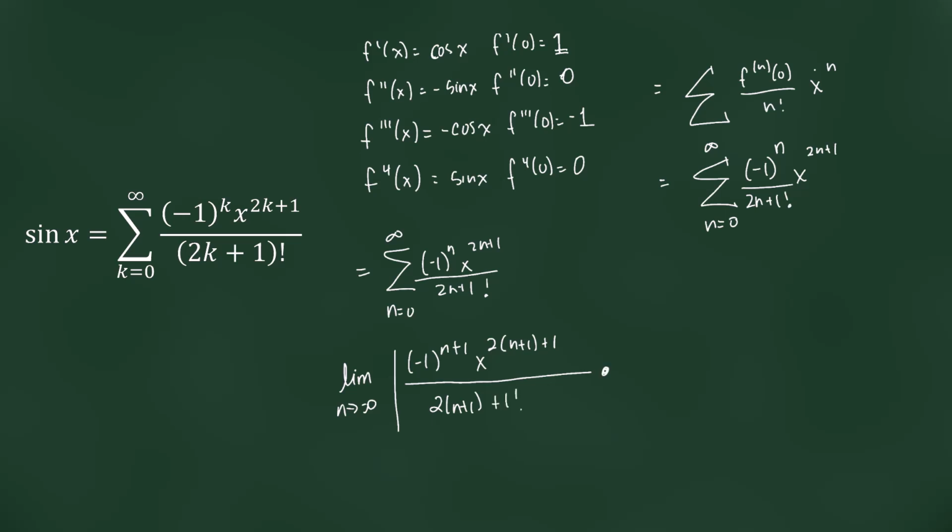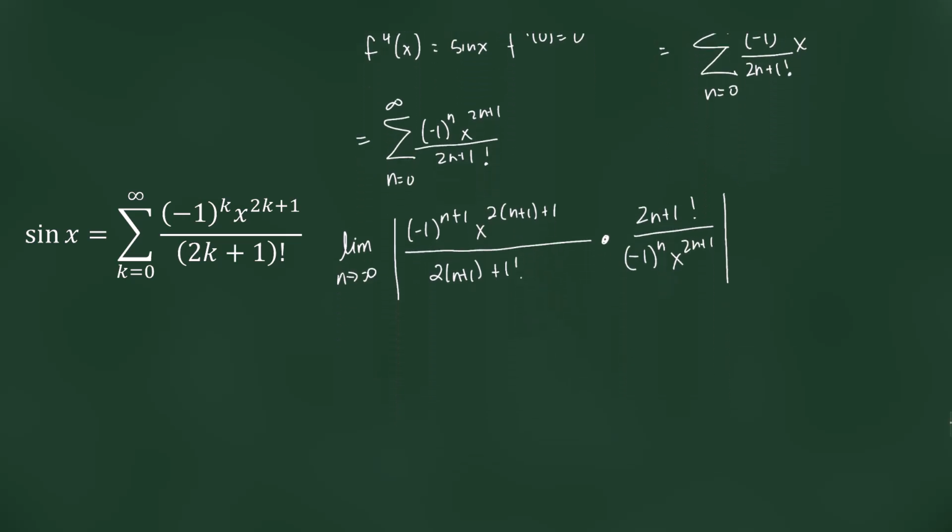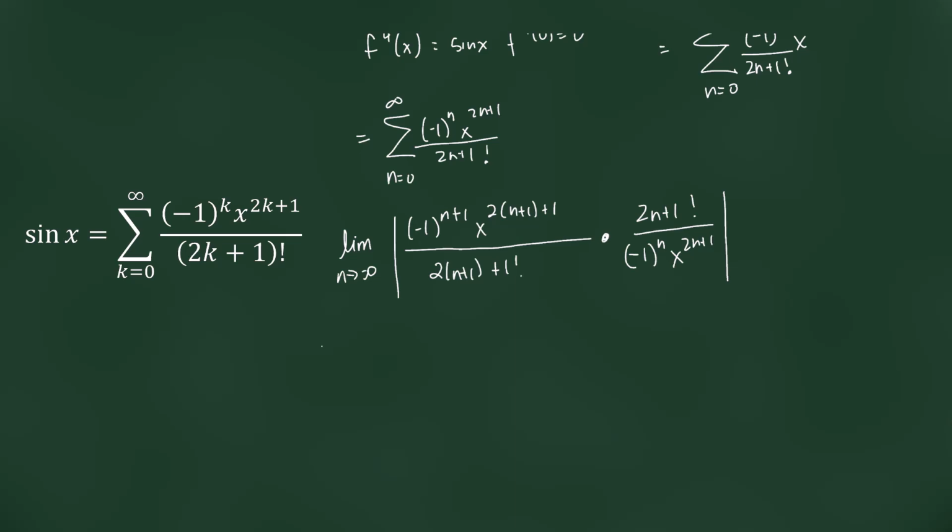I'm going to multiply by the reciprocal of the nth term, which is going to be 2n plus 1 factorial, and negative 1 to the n, x to the 2n plus 1.